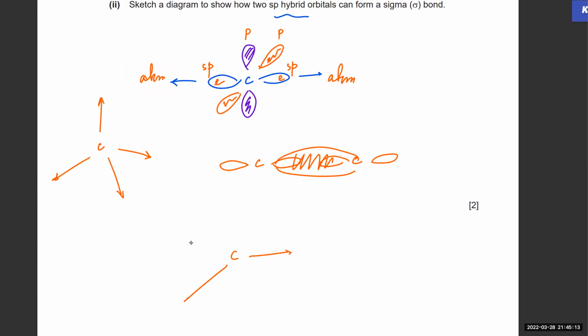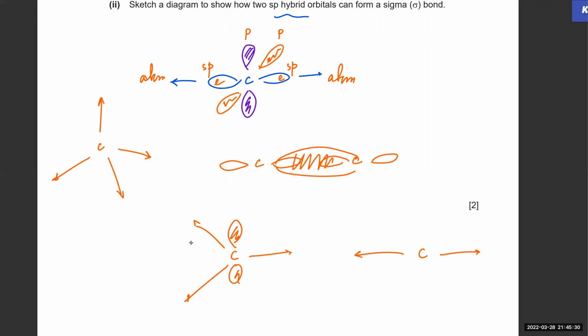sp2 hybridization is when carbon is bonded to 3 atoms. So 3 of its electrons get pulled in 3 different directions by 3 different atoms. The 4th electron is going to form a pi bond. And sp hybridization is when carbon is only bonded to 2 atoms usually.